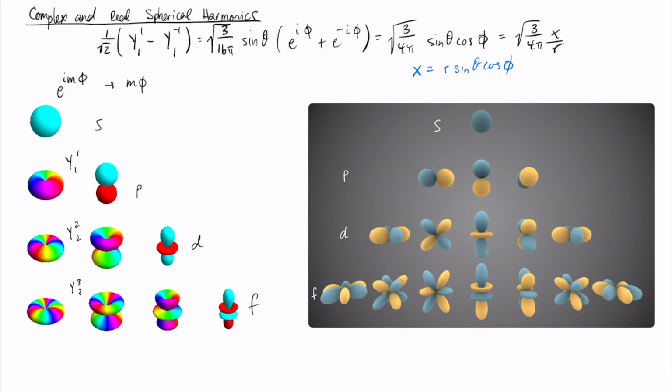This is the trade-off. You get something that's much simpler and no longer complex, so you don't have to handle complex numbers, but you lose a quantum number. The result is an eigenfunction of L squared, but no longer an eigenfunction of Lz.